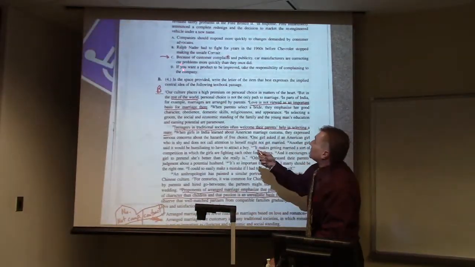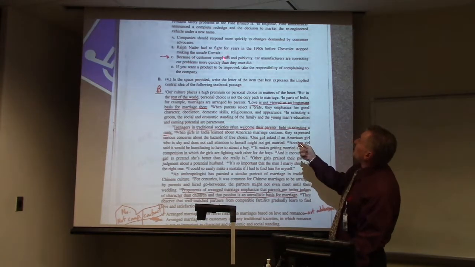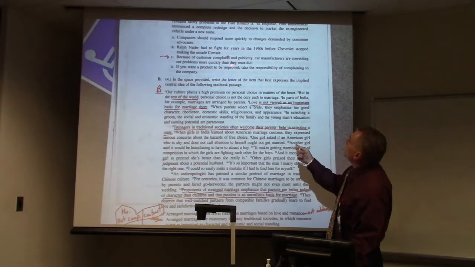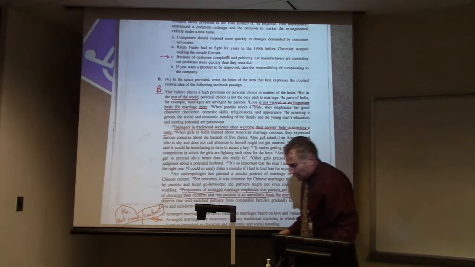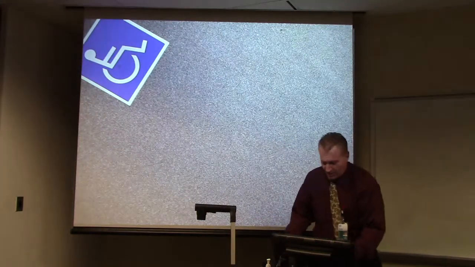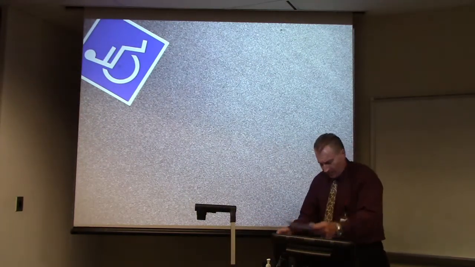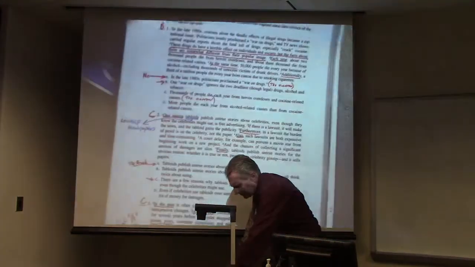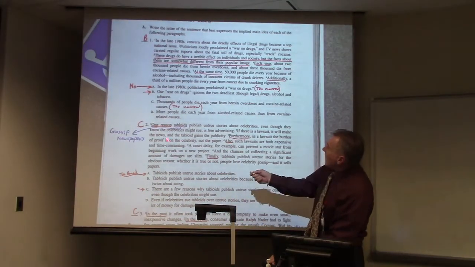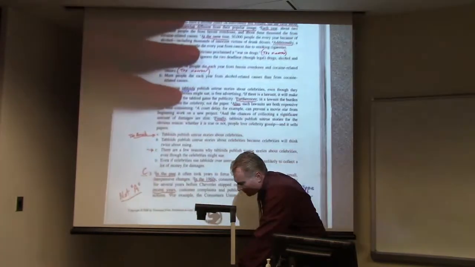Okay, so here the answer we're looking for is because of customer complaints and publicity, car manufacturers are correcting car problems more quickly than they once did. So here we can see, I've got to go back now. It says, in the past, wait a minute, here we go. Got to move it up.